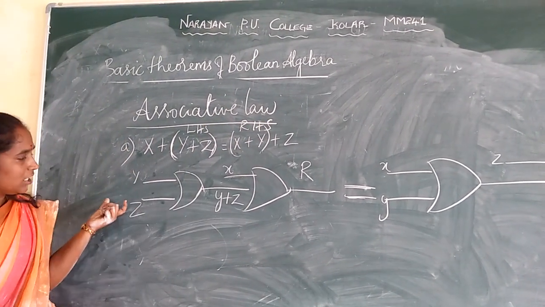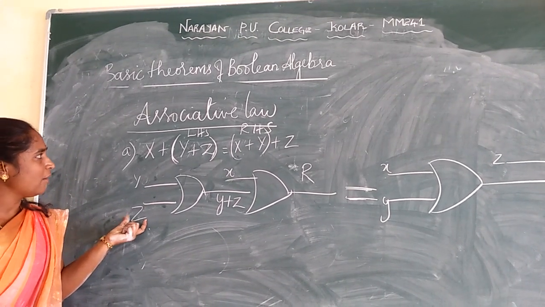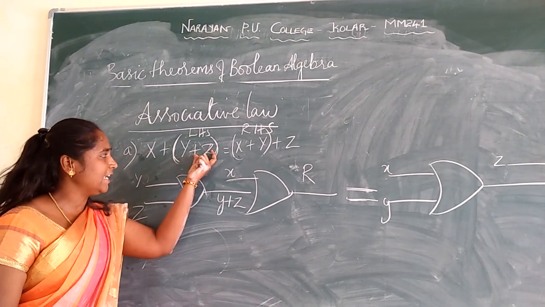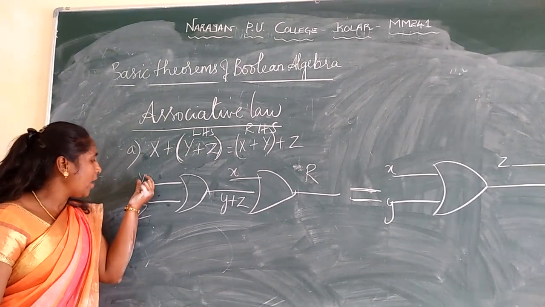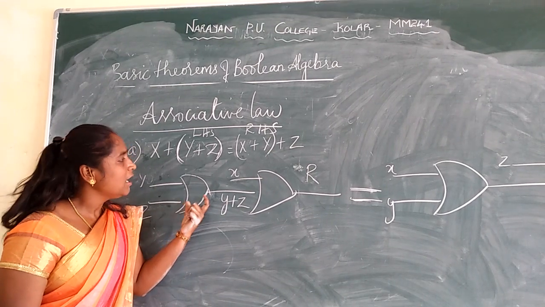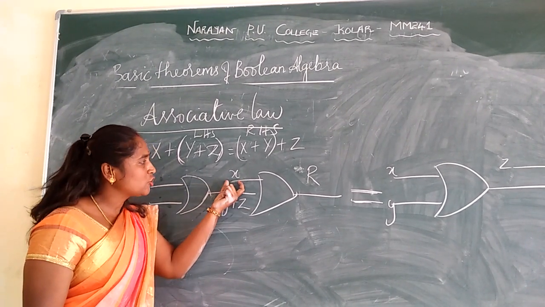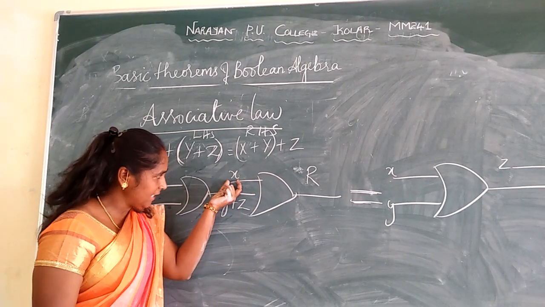So the logic diagram or circuit of this particular associative law: first I am taking y plus z, the innermost bracket. I am using an OR logic gate and getting the output as y plus z. That should be again ORed with an x input.